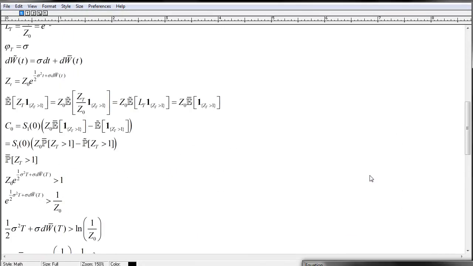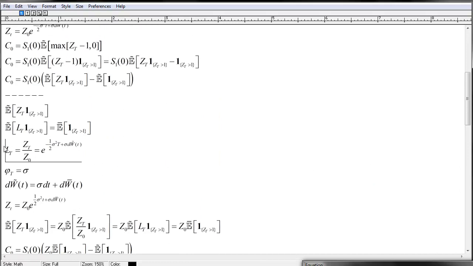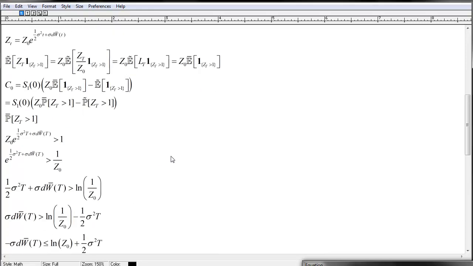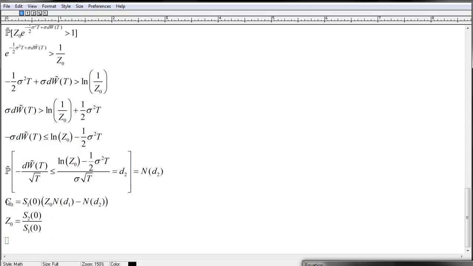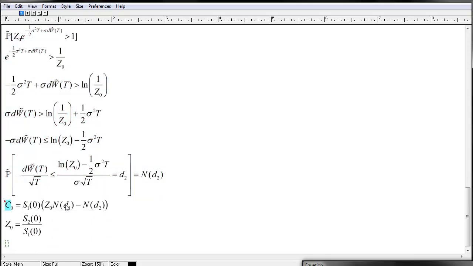What can I delete? This should be enough. That at 0 means that it's 0, and so it's like this.